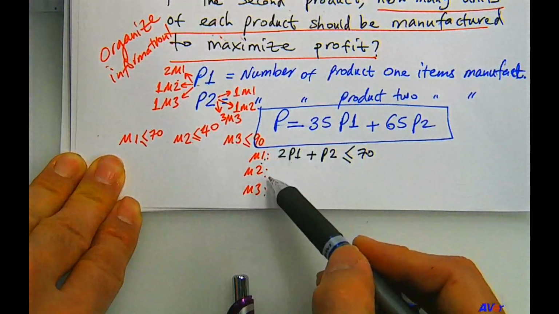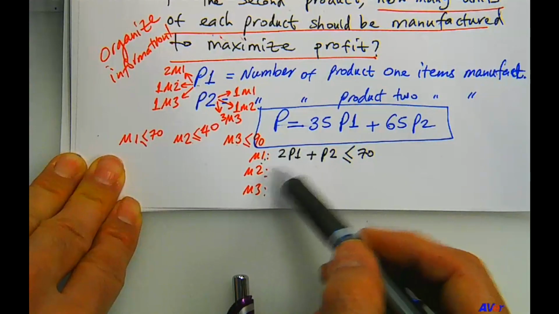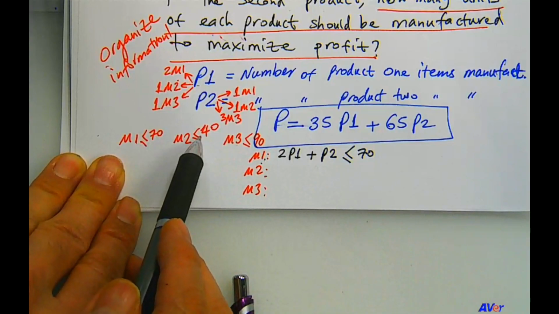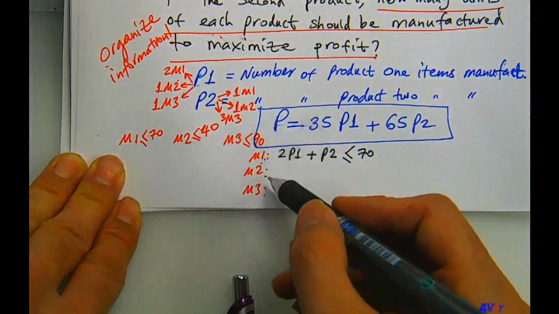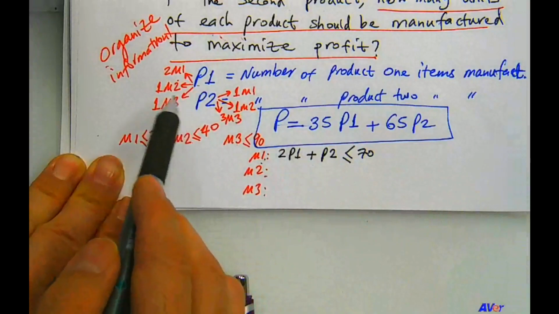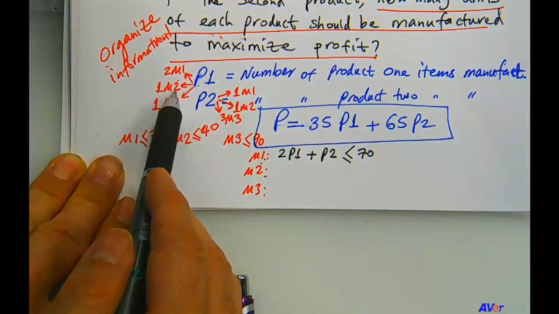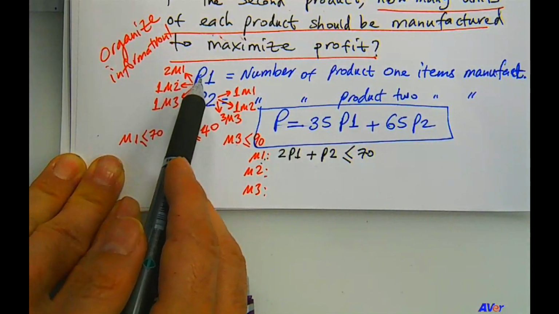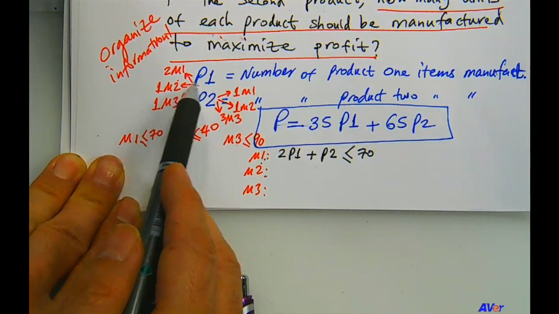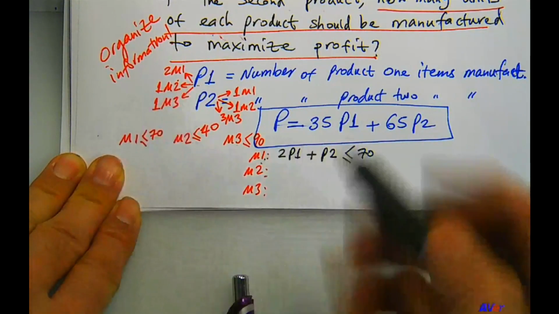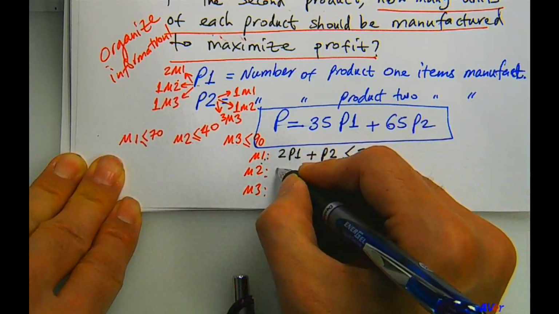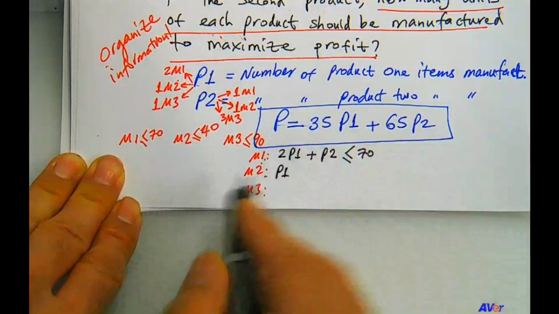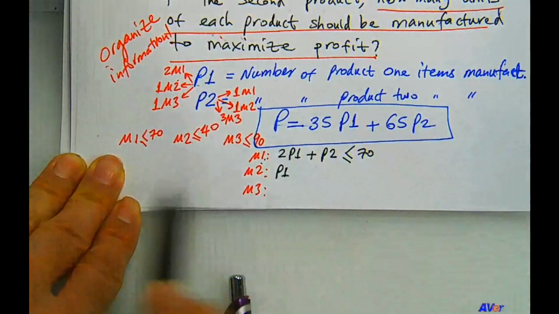Now let's move to the constraint on machine 2. Machine 2 cannot be used more than 40 hours. So product 1 has to take 1 hour on machine 2. So 1 times P1 is just P1.